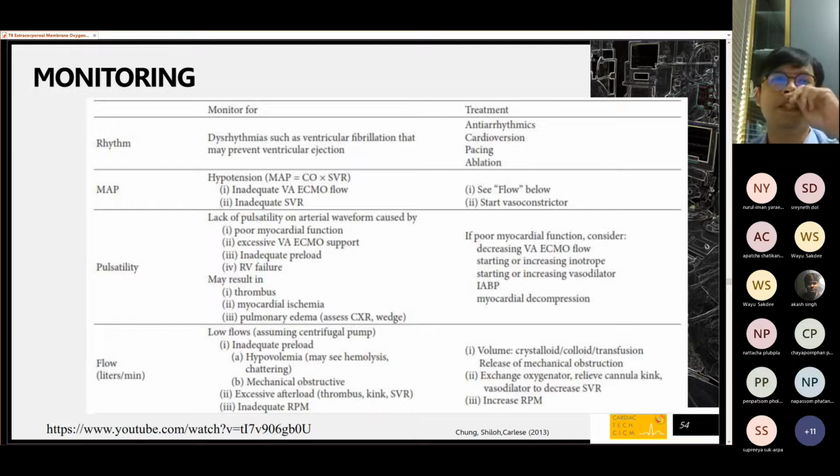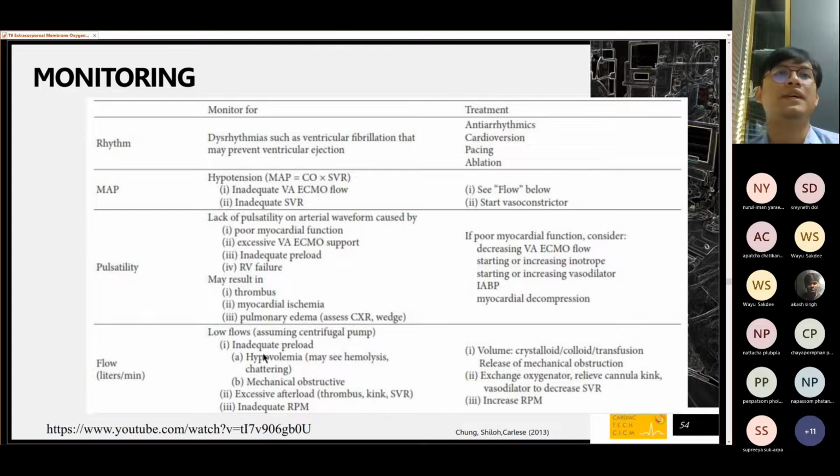So we call this condition venous chattering. You need to observe and reduce the flow just a little bit to reduce the negative pressure. After we reduce the negative pressure, the flow automatically comes off the vessel wall. So that is chattering.